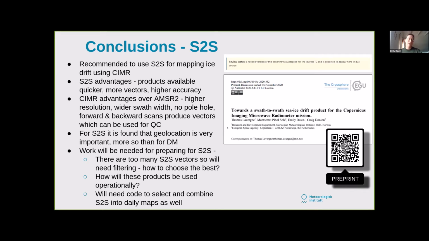And finally, there'll need to be code written to actually select and optimally combine swath-to-swath maps into daily maps for the uses where daily maps are required. And I highly recommend to go and read this paper, which is going to be out soon.